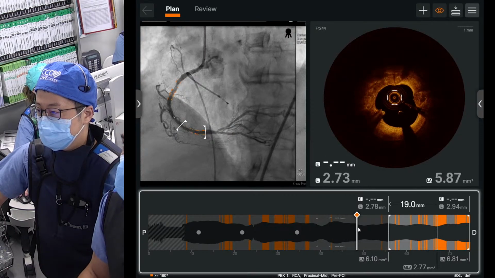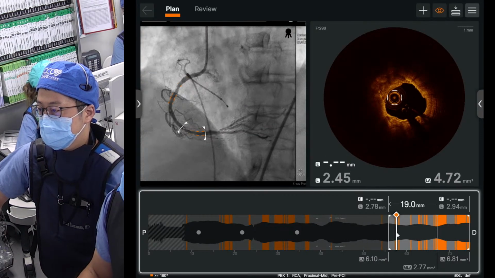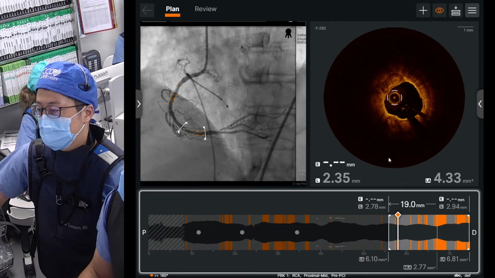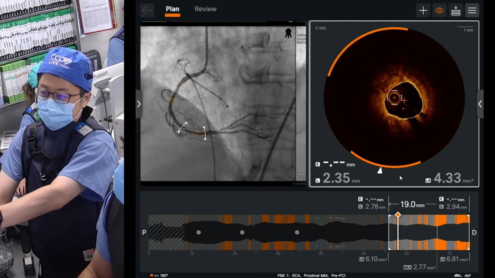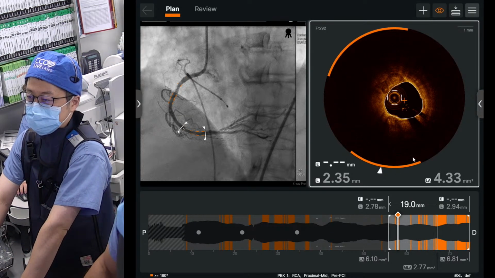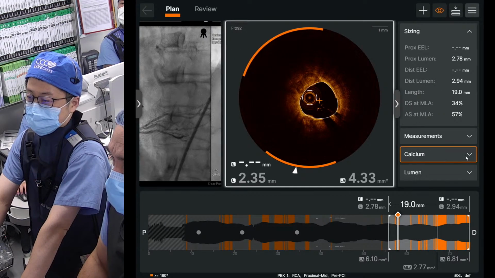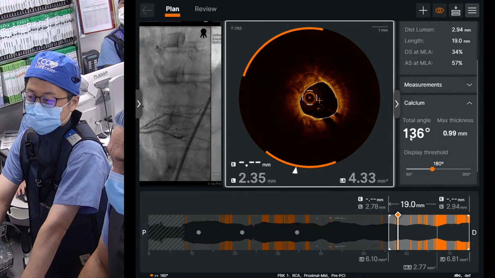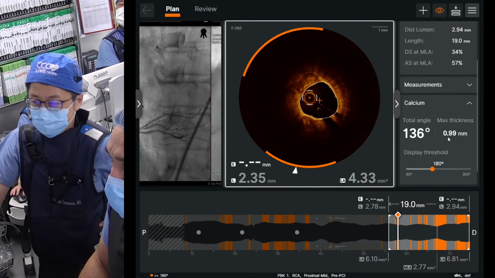Keep going down to the distal. Dr. Kinney, now I put on the AI calcium detection mode. This orange line means that AI detected the calcium, and I can see the angle of the calcium. It says 136 degrees, and it also shows the maximum thickness.